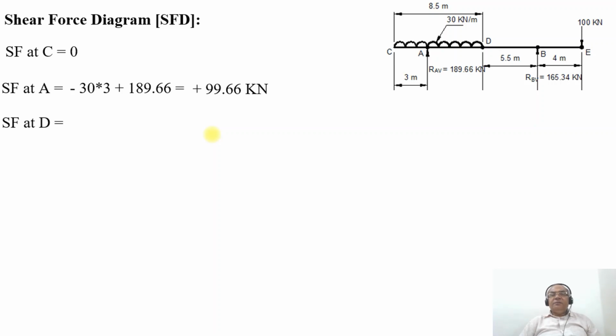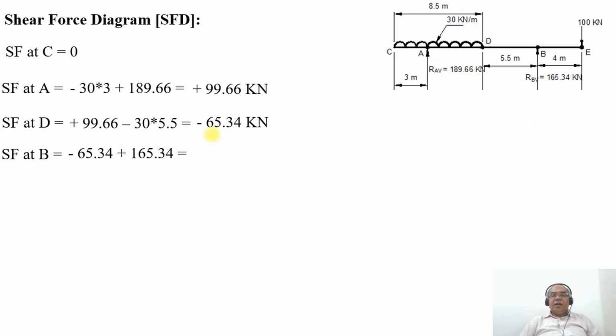Then SF at D will be equal to plus 99.66 minus 30 into 5.5, which is minus 65.34. SF at B will be equal to minus 65.34 plus 165.34, which is 100 kilonewton. SF at B will also be equal to plus 100 kilonewton.